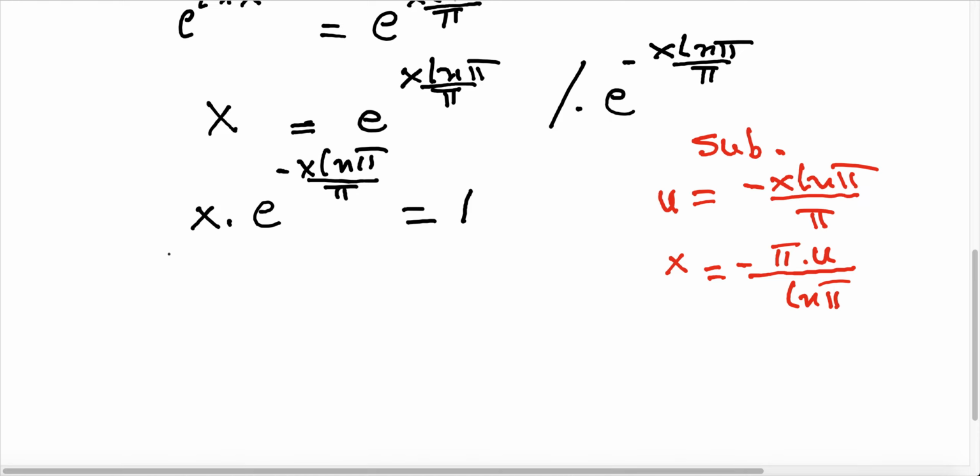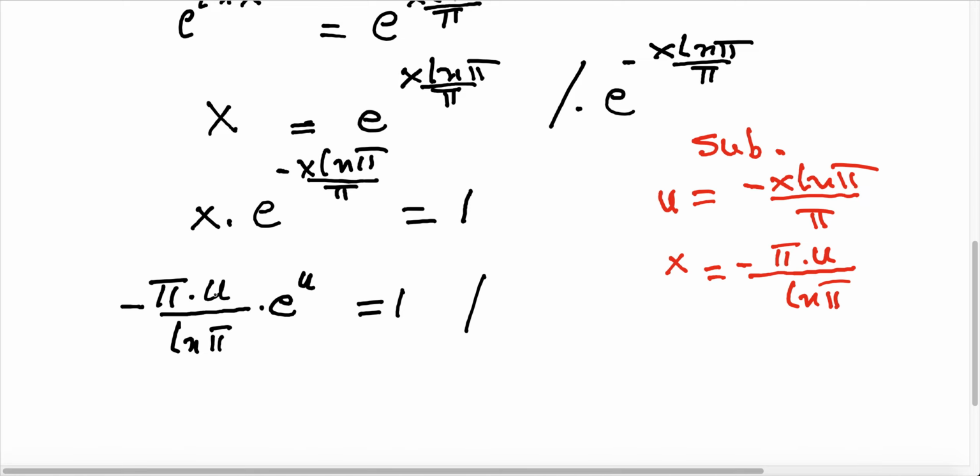So what is the form going to be? It is going to be minus pi times u, so I am substituting u instead of x, ln pi times e to the exponent u is equal to 1. And now here I am going to multiply by minus ln pi divided by pi, everything here.